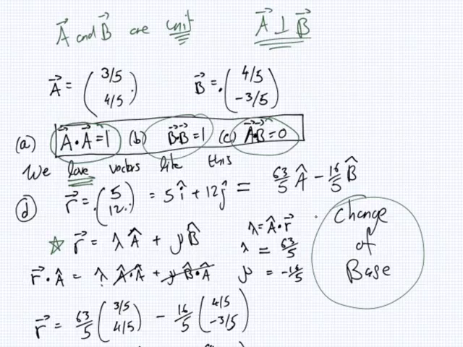How did you get 63 over 5 A minus 16 over 5 B?